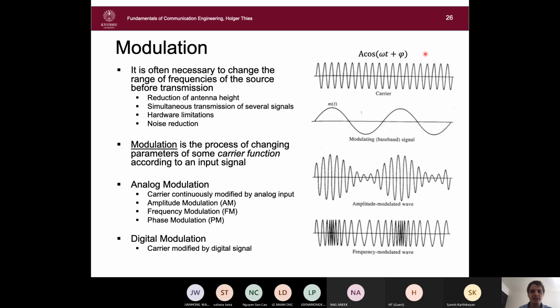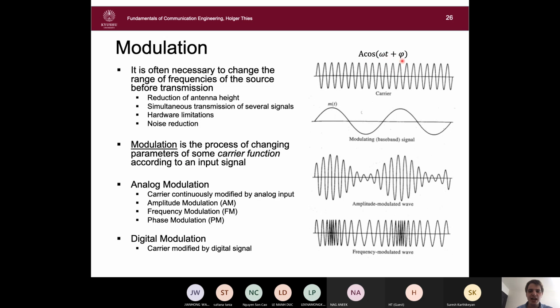The carrier function is always assumed to be a sinusoidal of this form. It has the form A times cosine of omega t plus phi, so there are three parameters that can be changed. One is the amplitude A, which is how high this carrier wave is. The other one is the frequency, which is this omega, which is how many changes per second we have, so how many of those ups and downs we have in our wave.